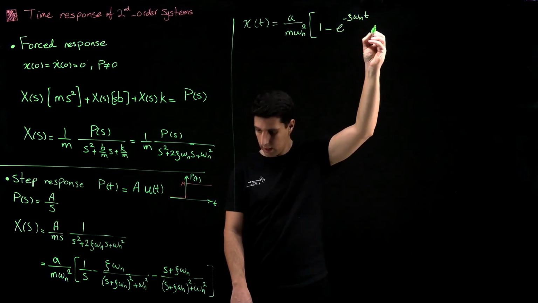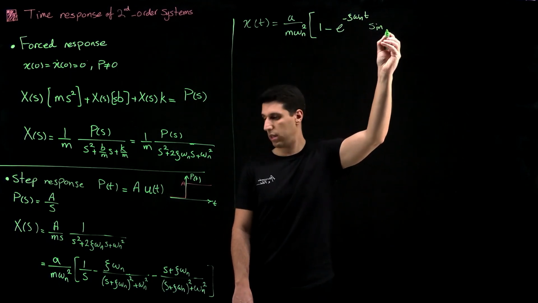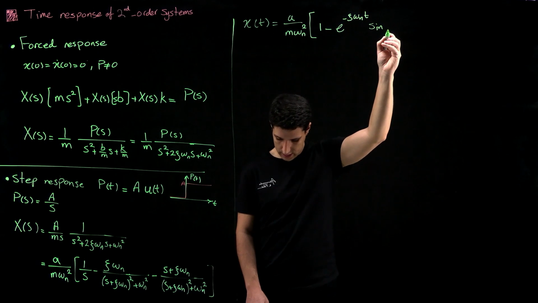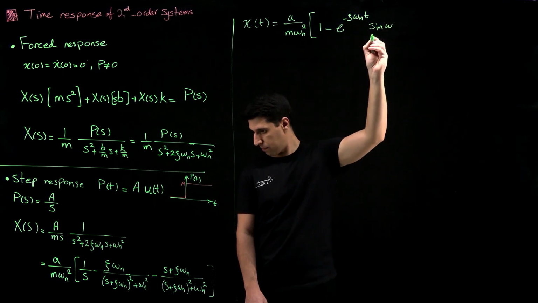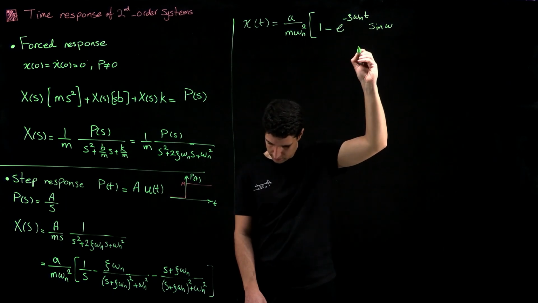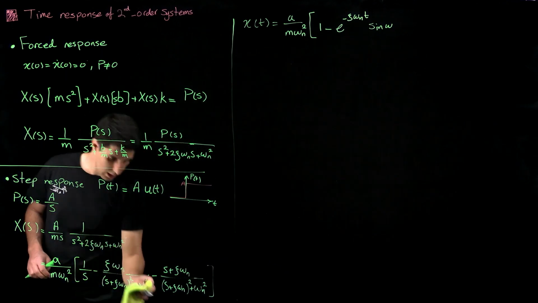First one is sine of omega, oh, this is not omega n, this is omega d.